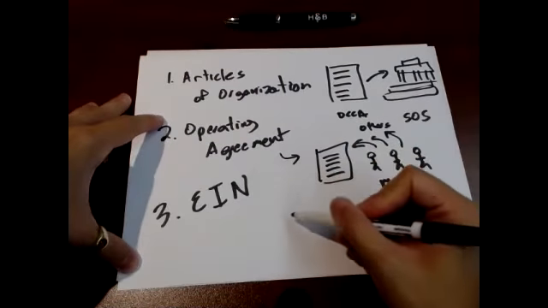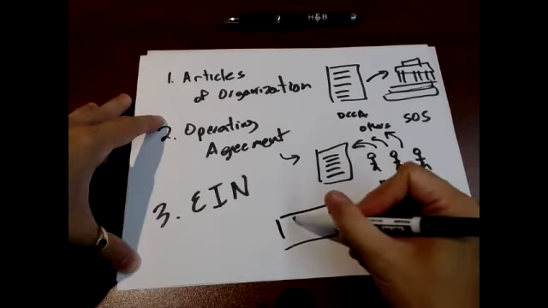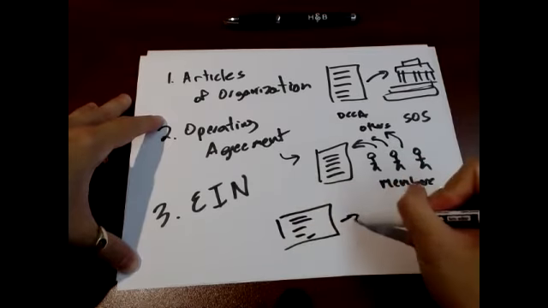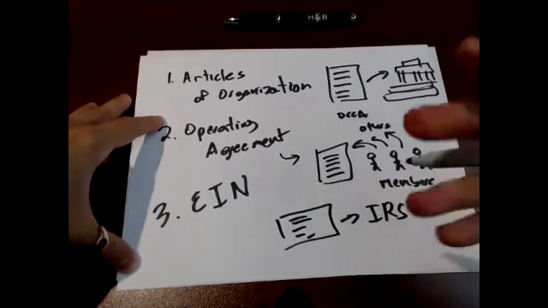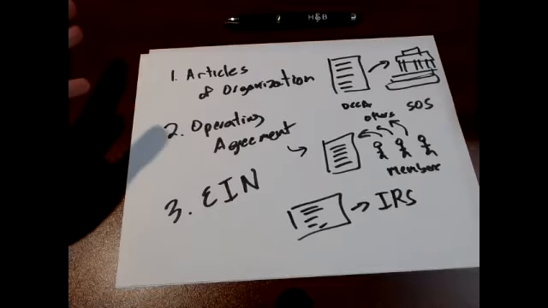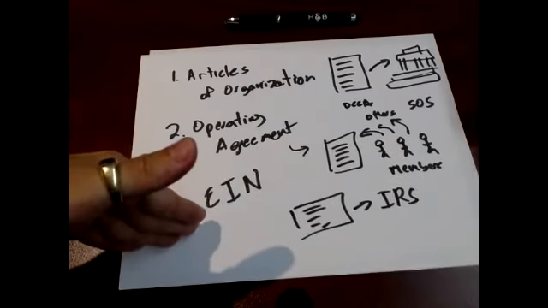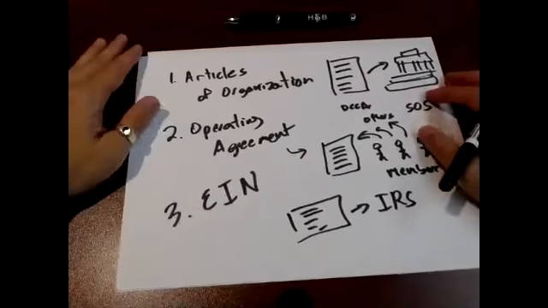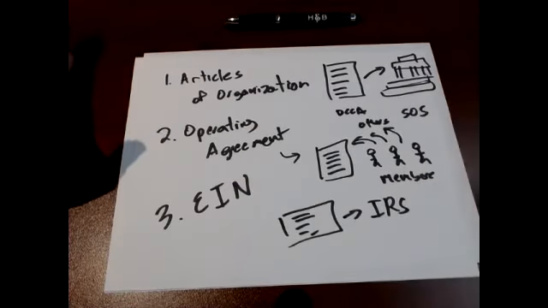And then the EIN is basically a document you fill out with the IRS. You get an application, you apply for an EIN, and then you get a number back. I equate it to having a social security number for your LLC, as it is an identification number. Yes, you need to get an EIN even if you're not going to have employees.